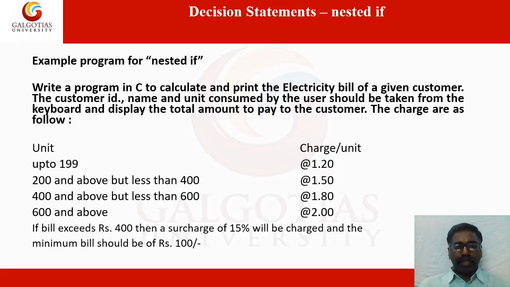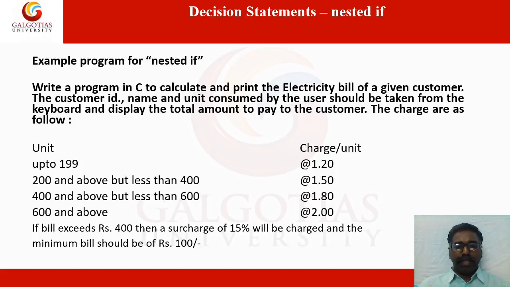Up to 199 is there, from 200 to less than 400 is there, from 400 to less than 600 is there, and above 600 is also there. After calculating the charges per unit, there are different charges to be applied. We need to find out whether there is a need for a surcharge, and then whether there is a need to collect the minimum charge value.